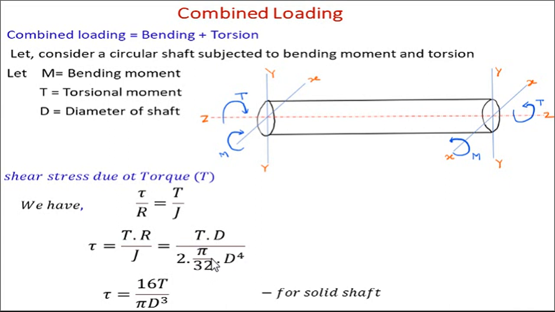If you put these values in, after simplification you get tau equal to 16T divided by pi d cube. So this is the shear stress due to applied torque for a solid circular shaft.